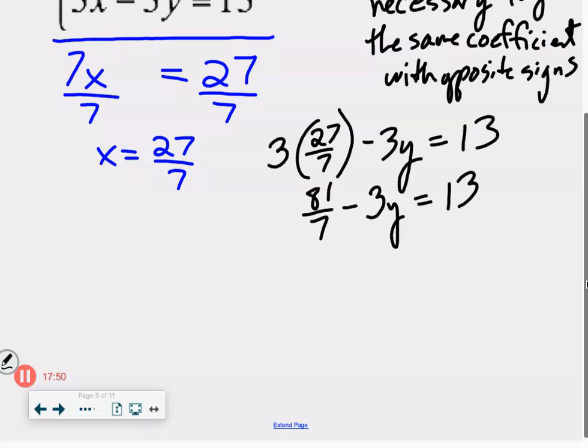If you multiply both sides by the LCD, the denominator, you'll get rid of your fractions. So you've got to multiply every term times 7. 70 plus 21, 91. And now you can work with it without the fractions. You're still going to have a fraction at the end, but you don't have to worry about doing 13 minus 81 sevenths.